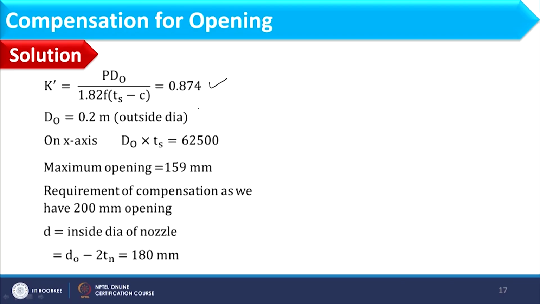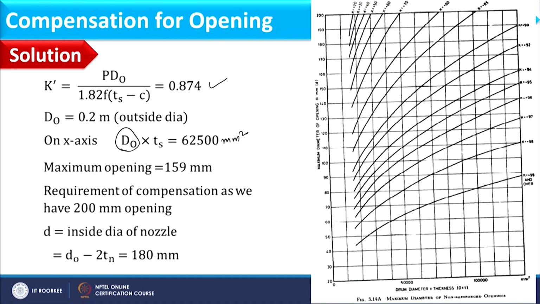Okay, so Do into Ts, that is outer diameter of shell, is basically 2.5, so 2500 into 25. So, that is 62,500 millimeter square.